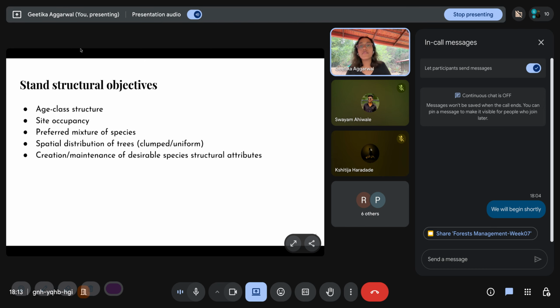And then maybe you want to have certain desirable structural attributes in your forest. For example, if you want to have snag trees, which, as we discussed in one of the earlier tutorials, a snag tree is basically an old tree which you just leave. Maybe it's a dead tree, but you just leave it in the forest, you don't destroy it, because it is used by a lot of birds, it's used by a lot of insects.